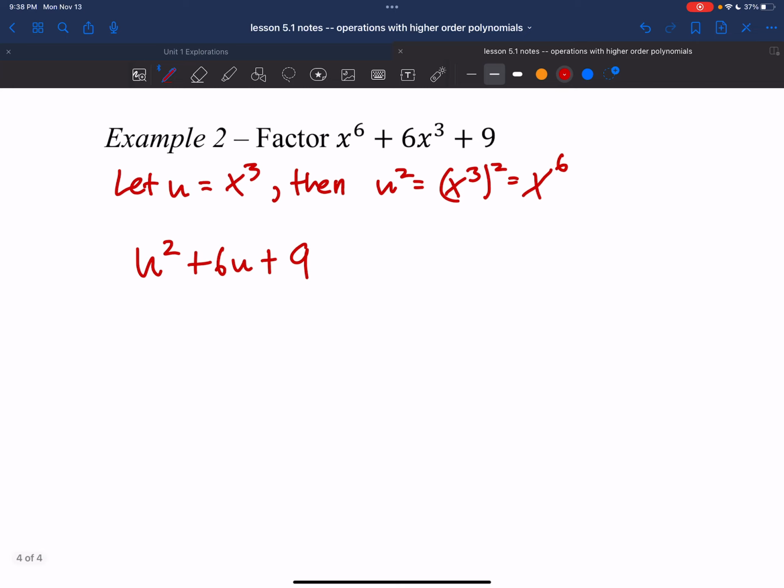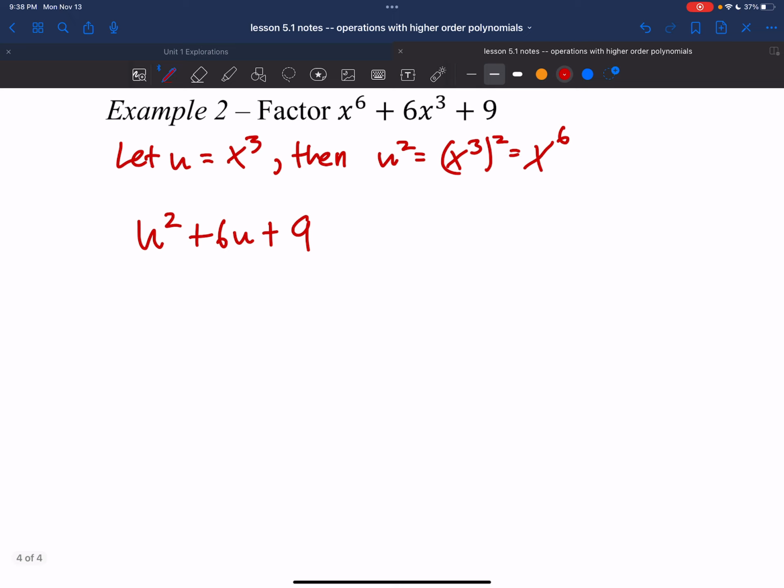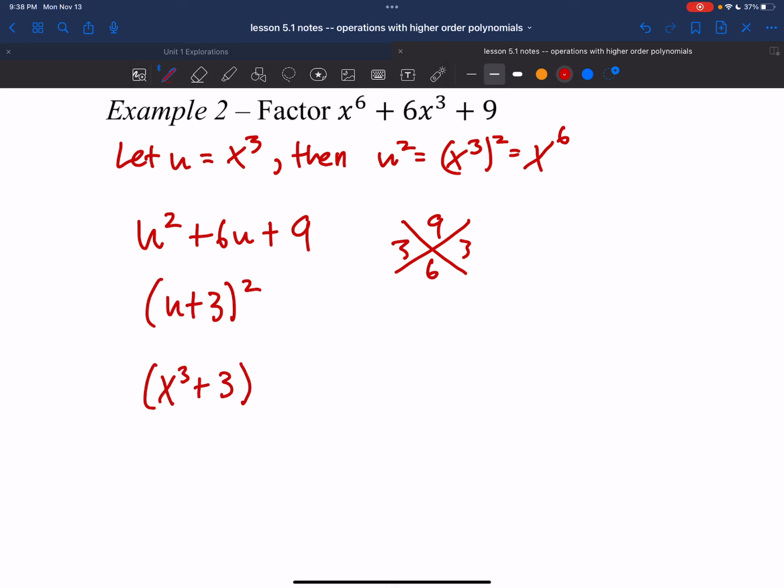Oh my gosh, that's a perfect square trinomial. And if you don't believe me, you can do this. 9 and 6, 3, 3. This factors as u plus 3 squared. But what did we say u was? It's x cubed. So it's x cubed plus 3 squared. And that is the fully factored form of that polynomial.